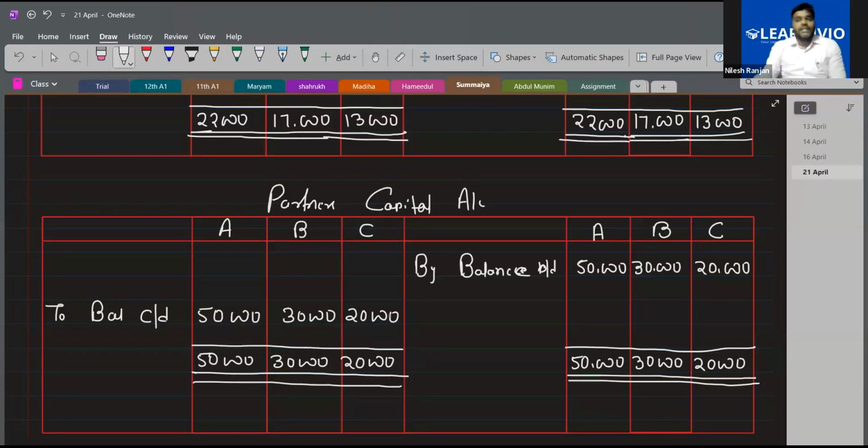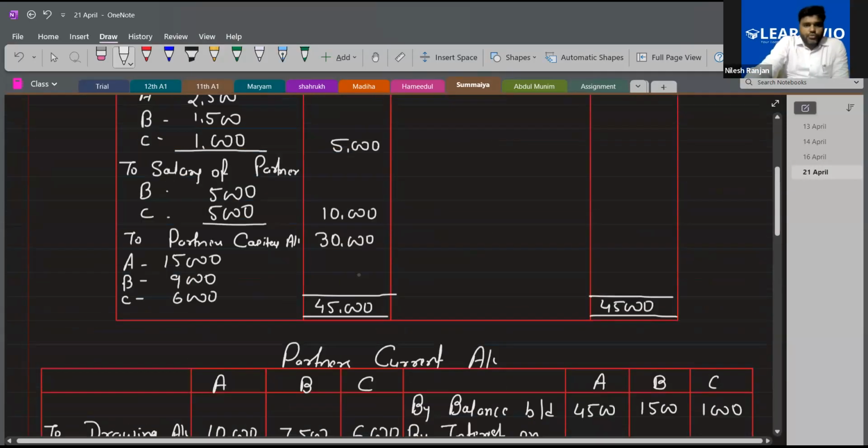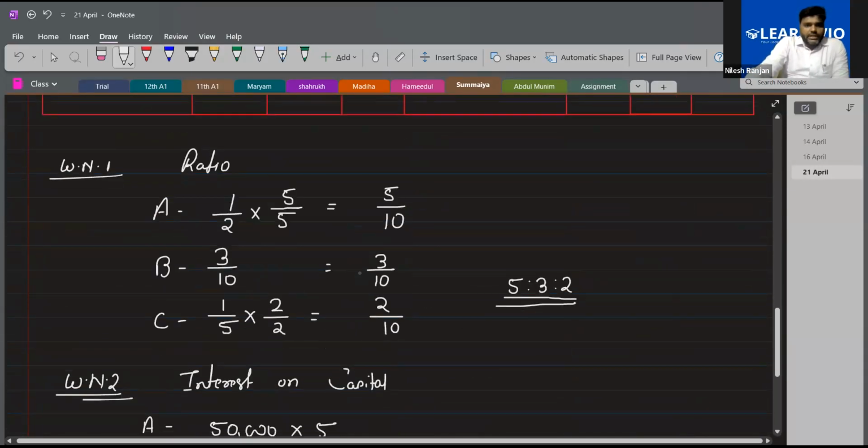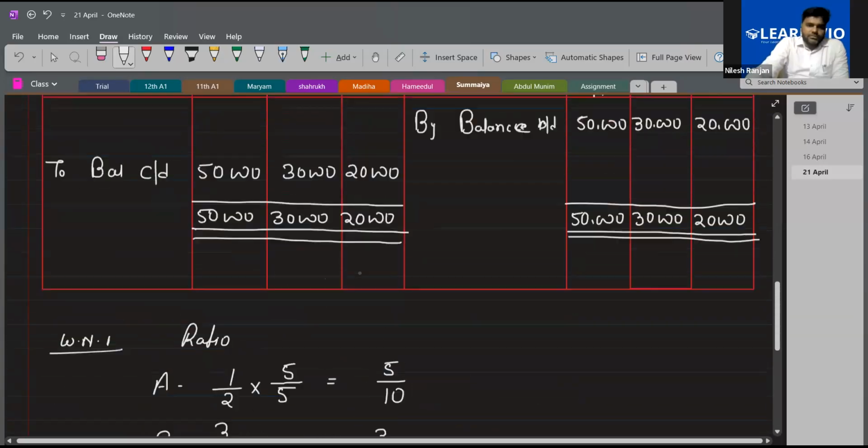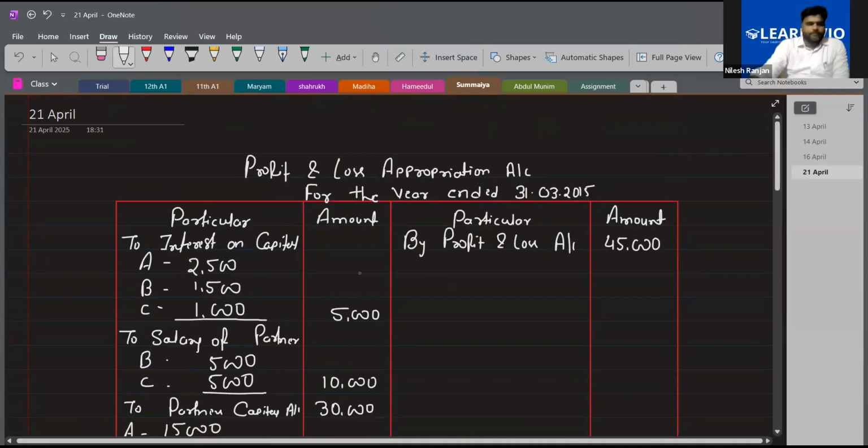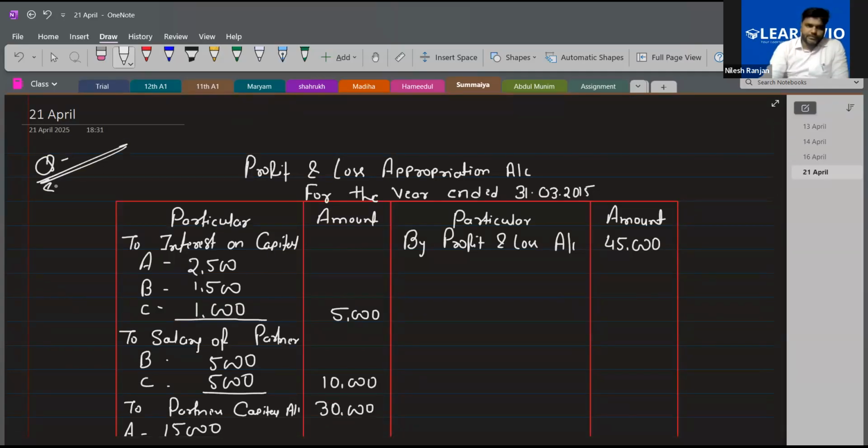Tell me if you have any doubt in this solution or working that we have done, anything. If salary of partner is not given, how do we calculate it then? Salary is not given.